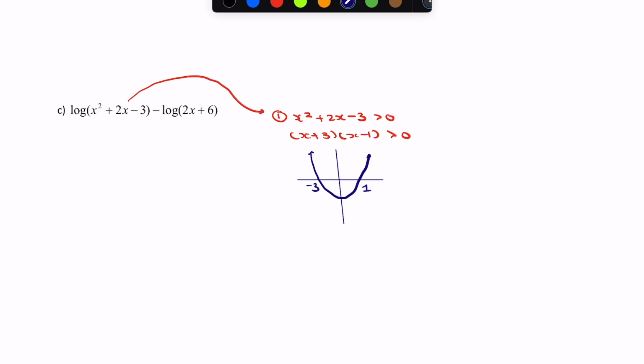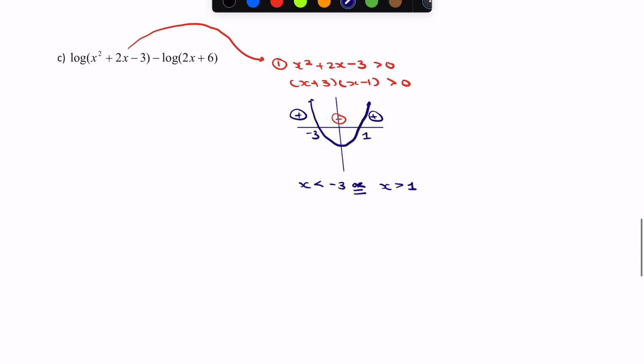We see that it is positive outside of the roots, and it's negative inside the roots. And so x has to be less than -3, or x has to be greater than 1.